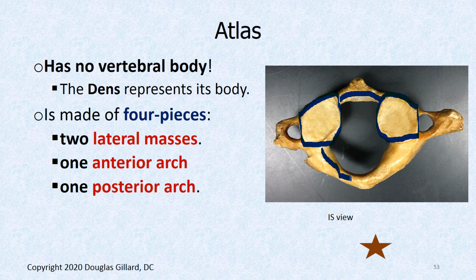And then we have a posterior arch. We have transverse processes. There's no spinous process on atlas. There's a posterior tubercle, and there's the anterior tubercle right there. That's it. Pretty simple. Transverse foramen. Double strutted. There's the anterior bar, anterior strut of the TP, posterior strut of the TP, intertubercular lamellae. The tubercles are not very visible.